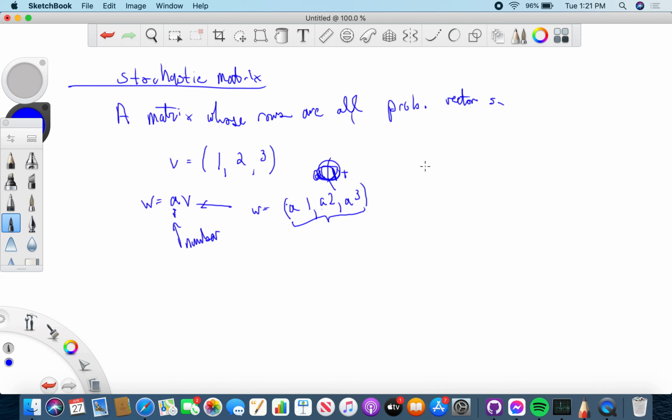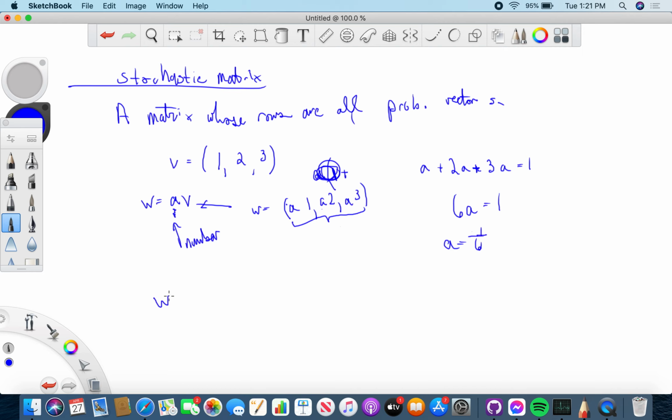So this is going to look like a plus 2a plus 3a is equal to 1. So that's 6a is equal to 1. So a is equal to 1 over 6.